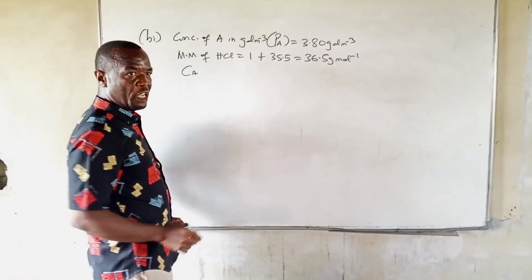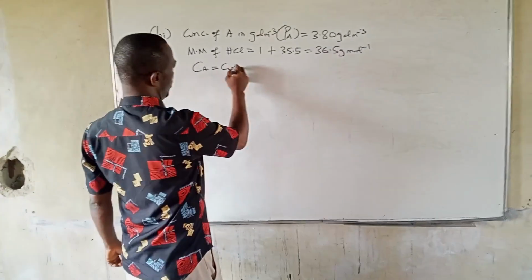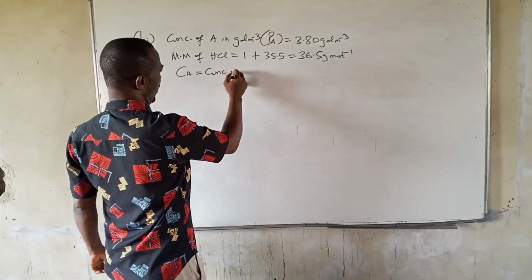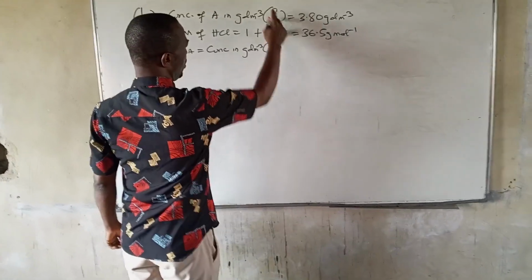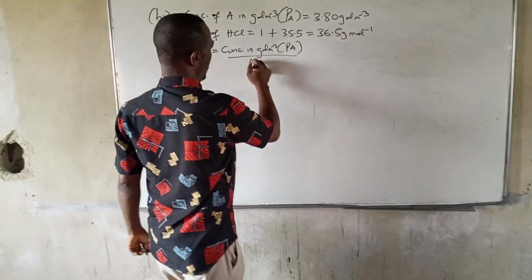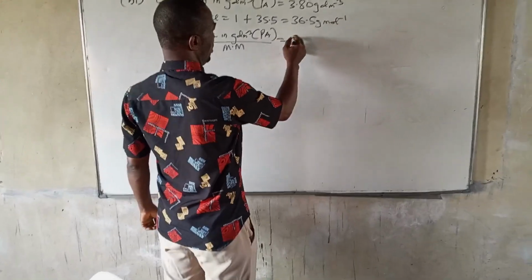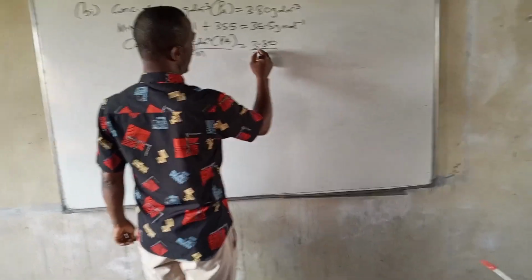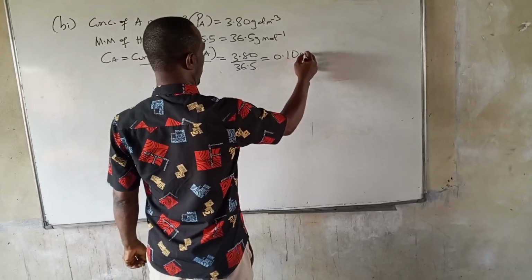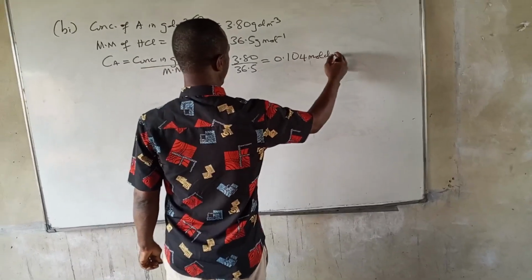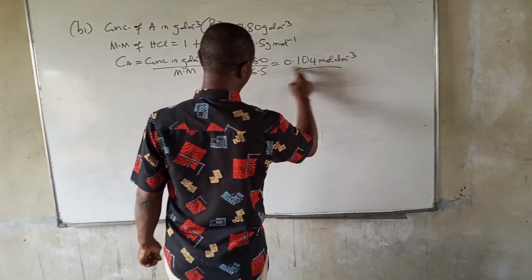Then CA, the concentration in mole per dm cube, is given by rho A over molar mass. That becomes 3.8 over 36.5, and that gives us 0.104 mole per dm cube. That's the answer to 3 significant figures.